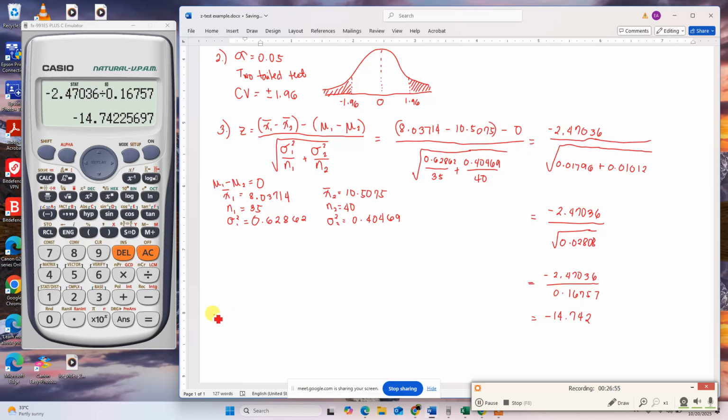In this case, we have now our computed value. Take note that for our number 4, we are going to make the decision. We're going to follow the rule.